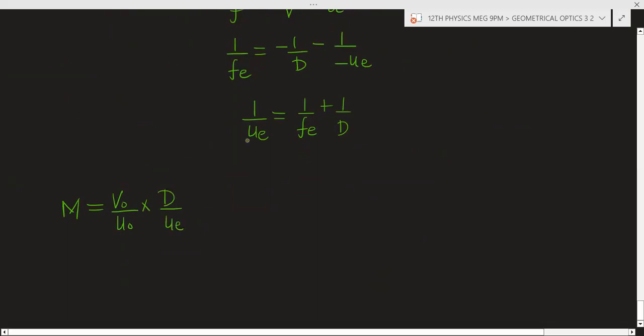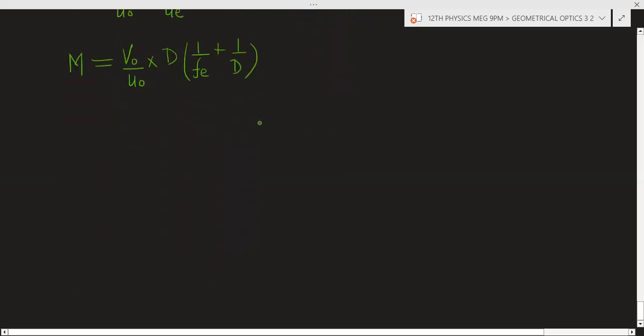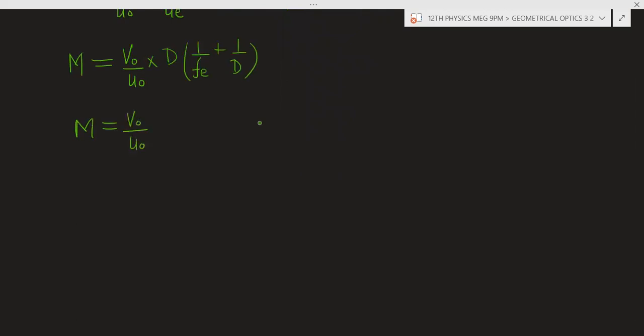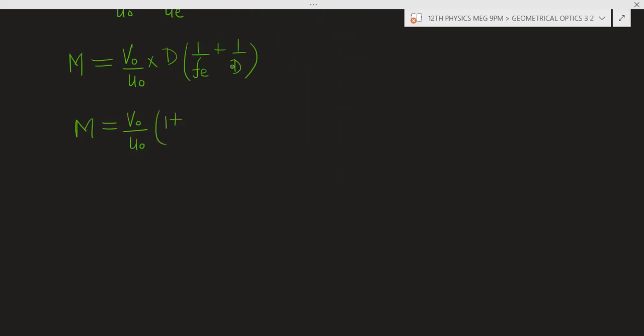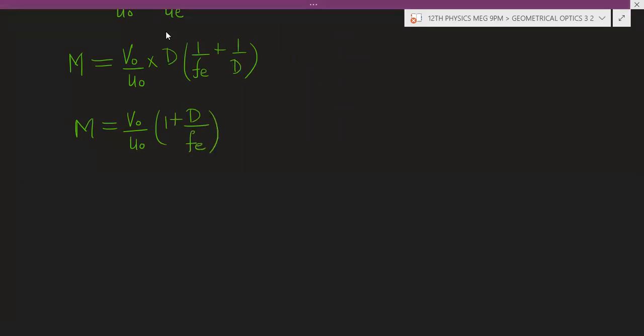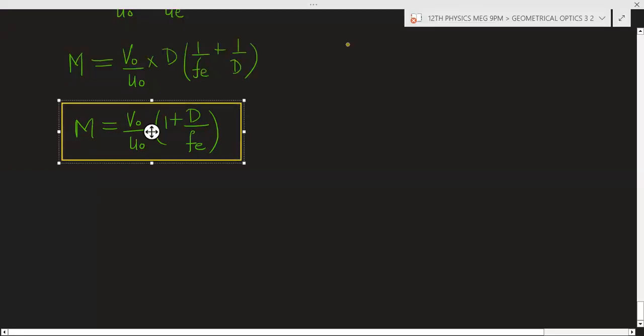Now put the value of 1 upon ue from here. It will be V naught by U naught multiplied by D multiplied by 1 upon fe plus 1 upon D. This D will be multiplied throughout the bracket, so you will get V naught by U naught multiplied by 1 plus D by fe. So this will be the maximum magnification.